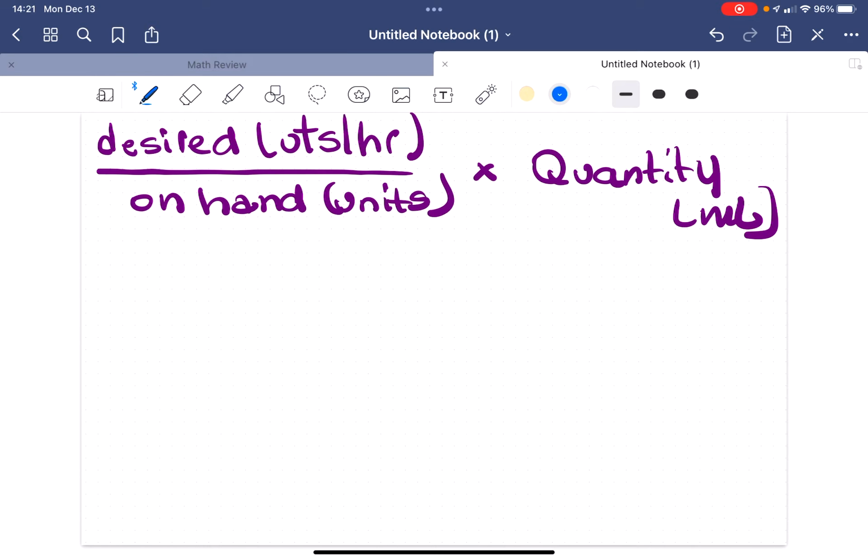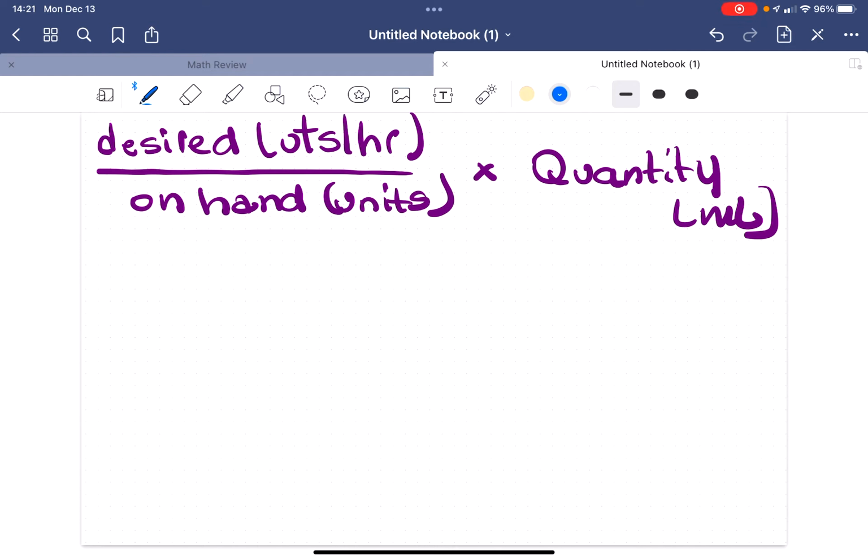On number 3, we have the physician ordered 5 units of regular insulin per hour via continuous IV infusion, available in 100 units of regular insulin and 100 milliliters of normal saline. The nurse will set the infusion pump at how many milliliters per hour? So what is our desired units per hour?